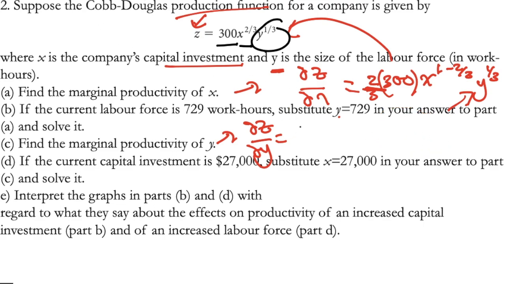Okay, it becomes 300 stays the same. Okay, X to the power of 2/3 stays the same, but Y now becomes what? Oh, I think I have made a mistake here. It shouldn't be this. Not 1 minus 1/3.